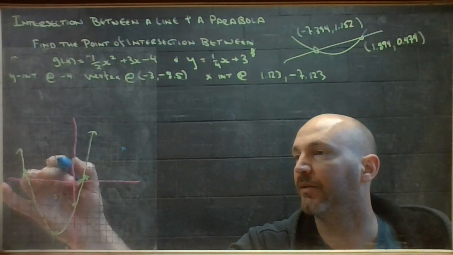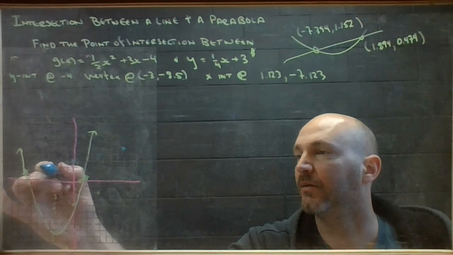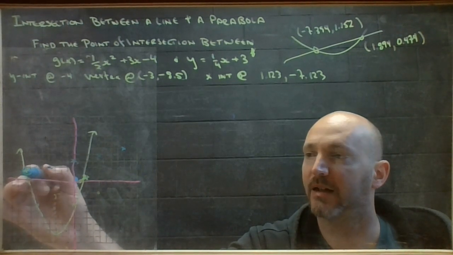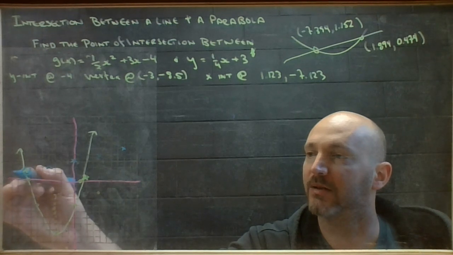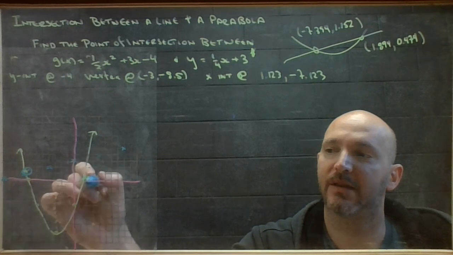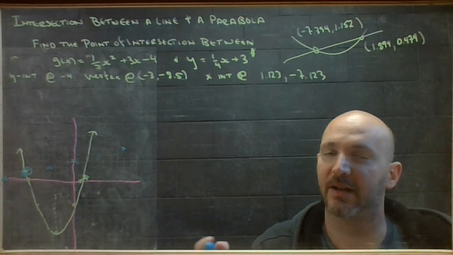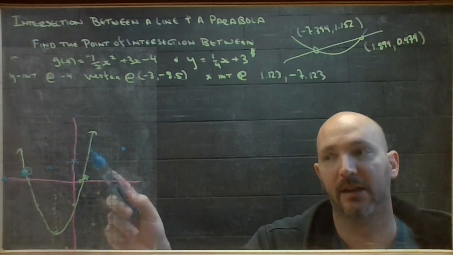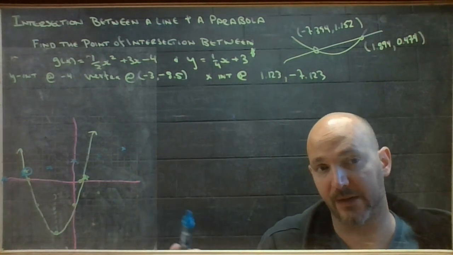And 1, 2, 3, 4 and down. 1, 2, 3, 4 and down. Well, look at that right there. Now you notice that this intersection point and that intersection point didn't land on top of each other. So there's an error here somewhere.